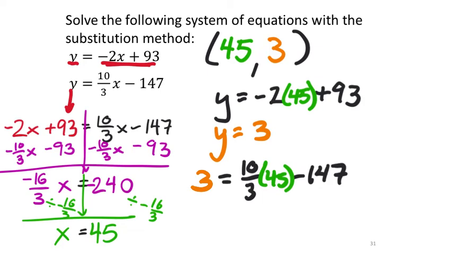So I'm just going to put this in the calculator. 10/3 times 45 minus 147 equals 3, and we get a true statement. So both equations are true when we replace the x with 45 and the y with 3. Therefore, we know that that is actually our solution.